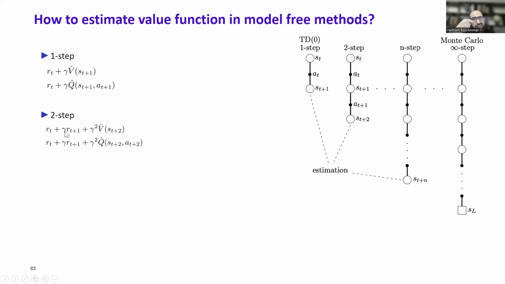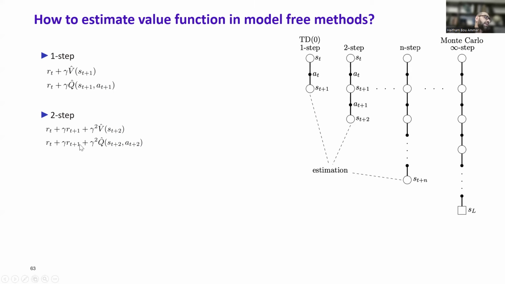The next step reward is discounted by gamma, and the next step value will be discounted by gamma times gamma, gamma squared. Because remember our equation was a summation of gamma to the power t. So when it's the first time step, it'll be gamma, and if it's the second time step, then that would be gamma squared.